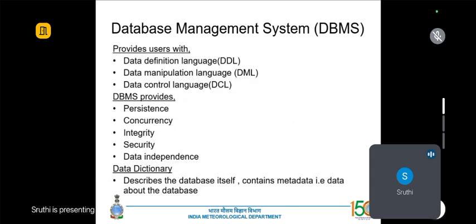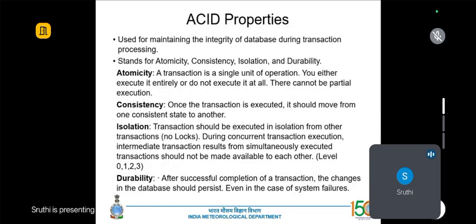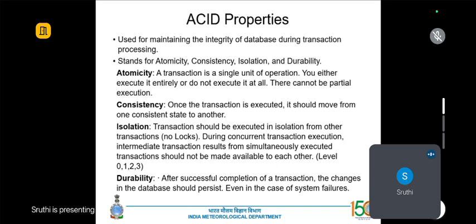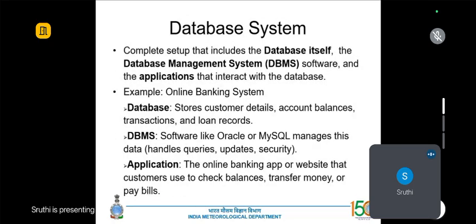Then we discussed the ACID properties, which are atomicity, consistency, isolation, and durability. Because of these properties, the database management system is more efficient than the previous one, the file management system. The difference between the database management system and the database system is that the DBMS is an integral part.